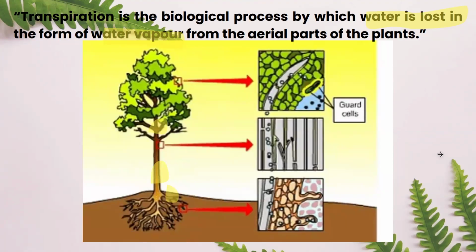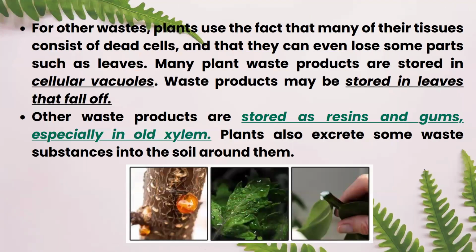Can we see that the waste material in plants is only in the form of gas or water itself? Along with this gas and water, some other waste material also has to be removed from the plant.